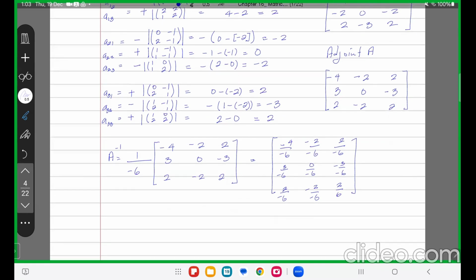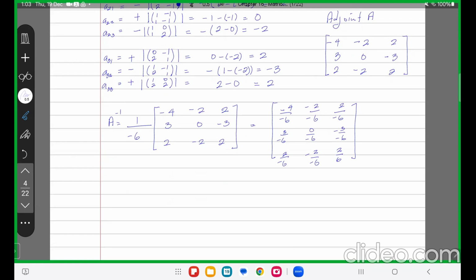and take it down to A inverse is equal to 2/3, 1/3, minus 1/3, minus a half, 0, a half, minus 1/3, minus, sorry, not minus, just 1/3, and 1/3.